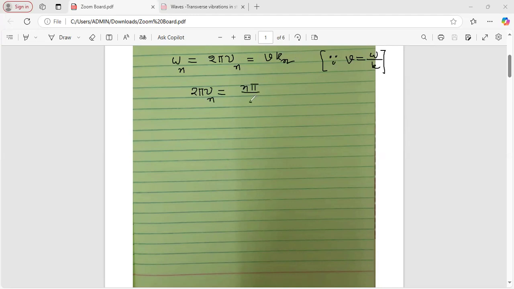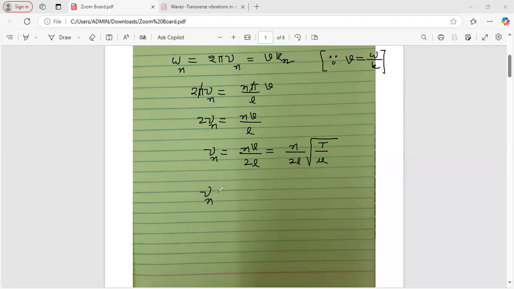We substitute that into the velocity of the wave. Pi cancels. 2 nu n is equal to n v by l, so nu n is equal to n v by 2l. But v, the velocity of the transverse wave in the string, is root of T by mu.